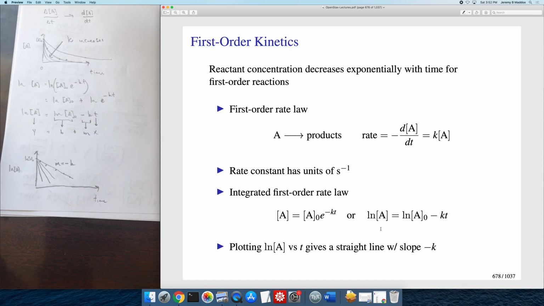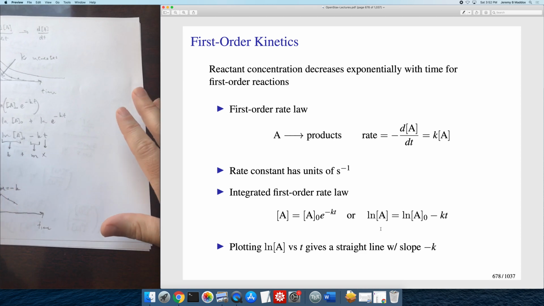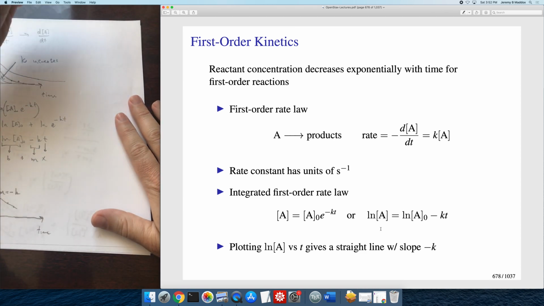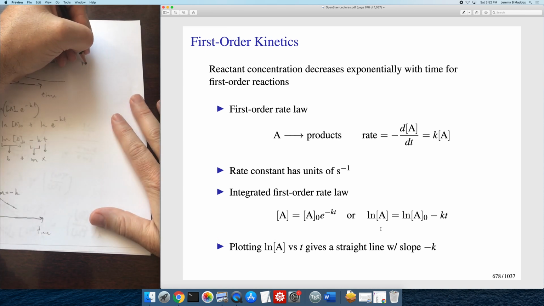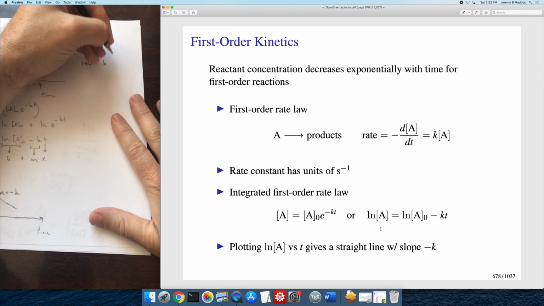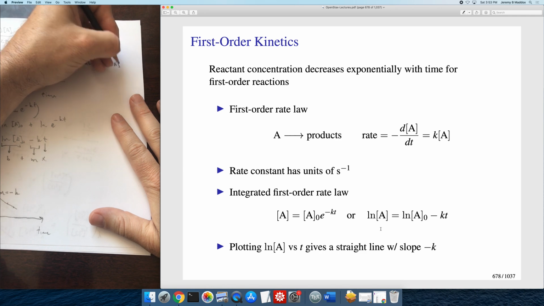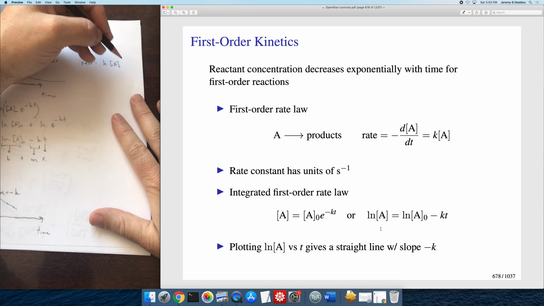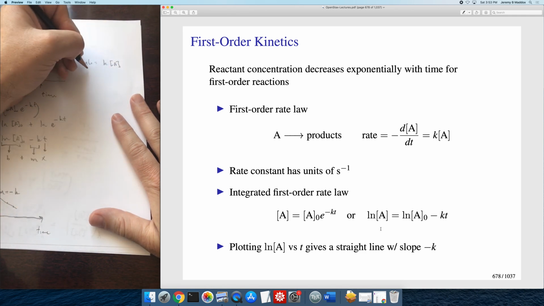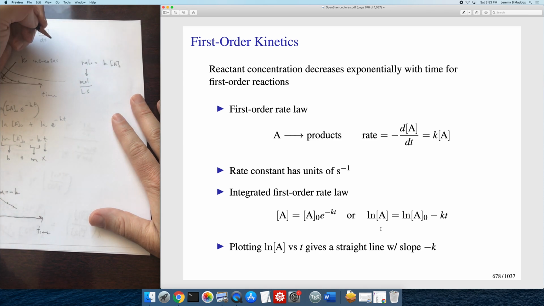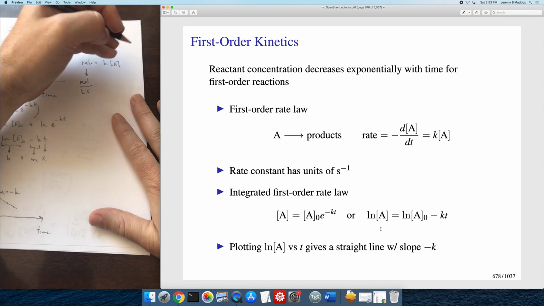I don't want to leave out the units of the rate constant because that's often an exam problem. How do you determine the units of the rate constant? You can either memorize them or you can determine them from the rate law. So the units of rate are always moles per liter per second, or at least these are always a viable unit.